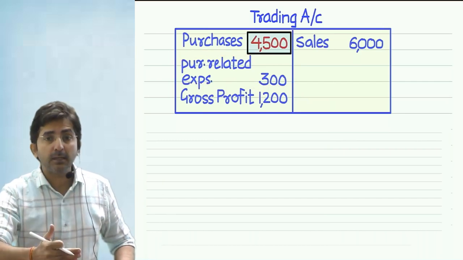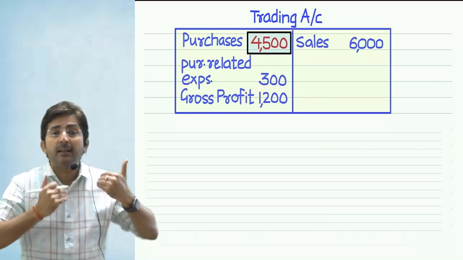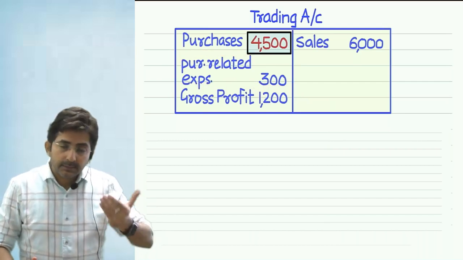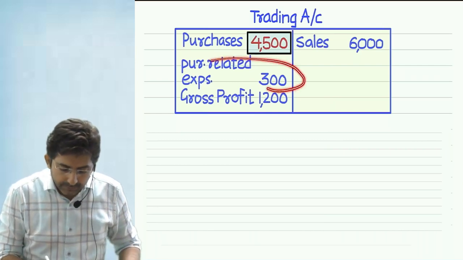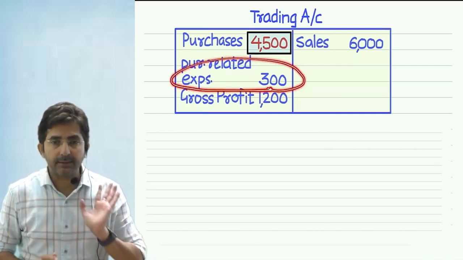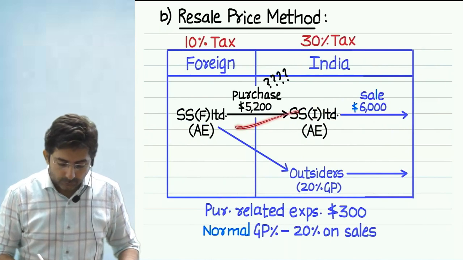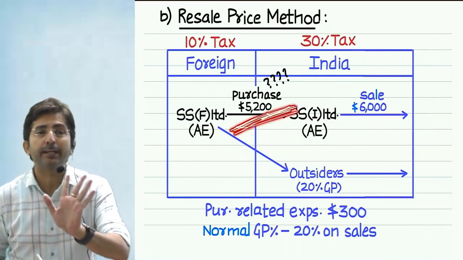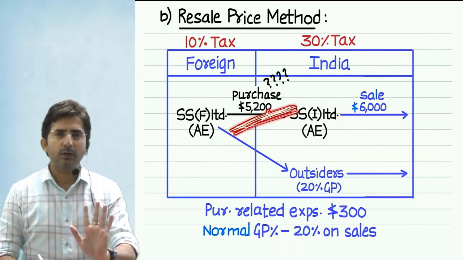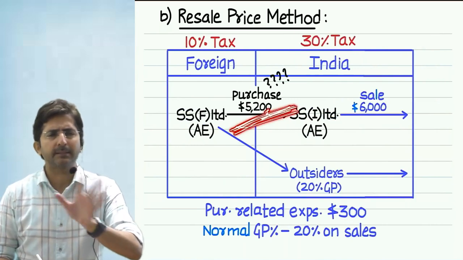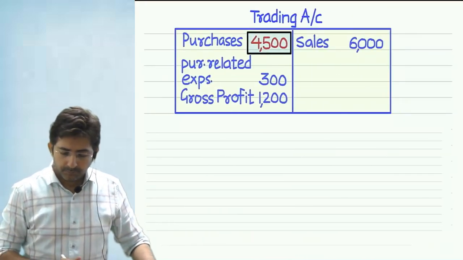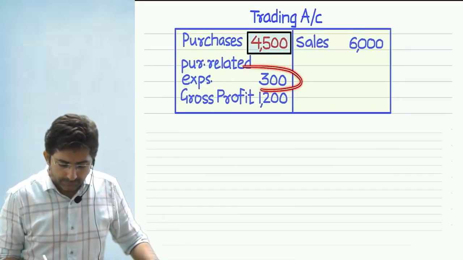For purchasing the goods, you have to incur some incidental expense. So that incidental expense I have recorded separately as 300. Even in this 5,200, that purchase related expense was not included. 5,200 was the pure product price. So this is shown separately.